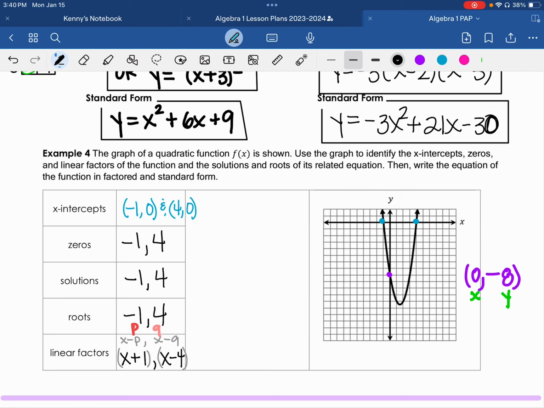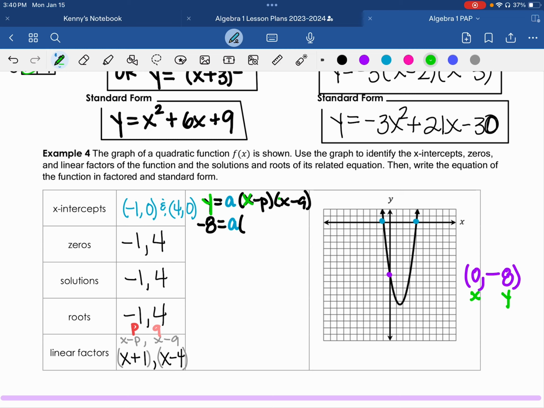All right, and to write in my factored form, I'm going to use this right here. And let's go substitute in. For y, we're going to put in -8. We're solving for a.